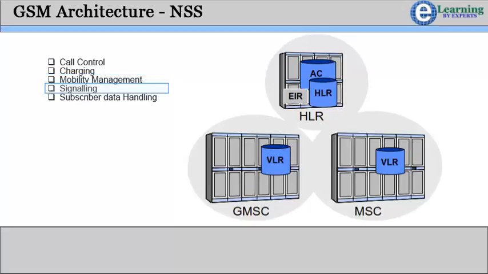Signaling enables interface with the BSS and PSTN. Subscriber data handling. NSS provides permanent data storage in the HLR and temporary storage of relevant data in the VLR. Let us now look into various NSS network elements in more details.